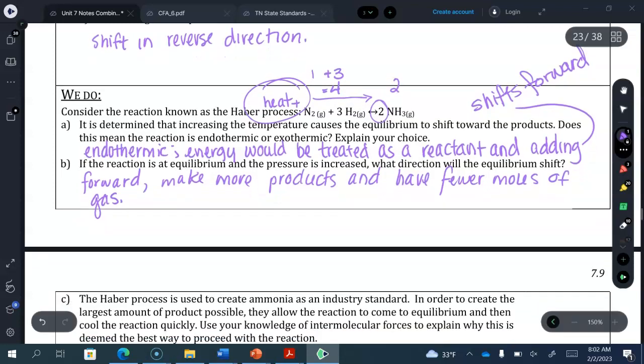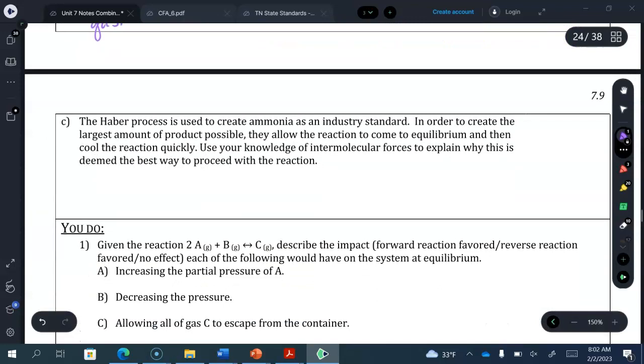Then we're going to do C. The Haber process is used to create ammonia as an industry standard. In order to create the largest amount of product possible, they allow the reaction to come to equilibrium and then cool the reaction quickly. Use your knowledge of intermolecular forces to explain why this is deemed the best way to proceed with the reaction.